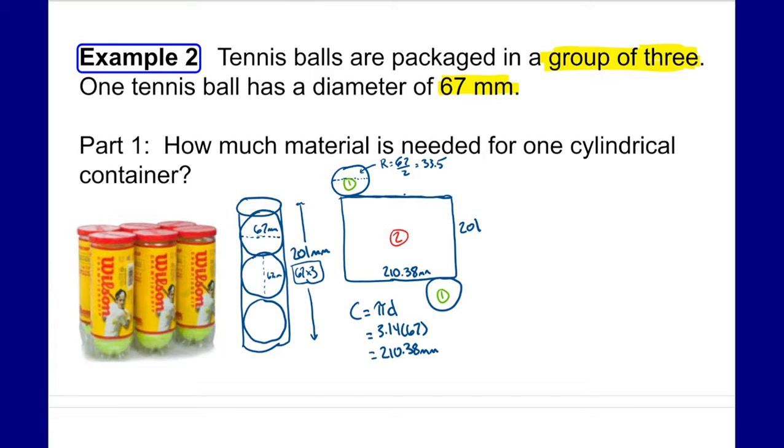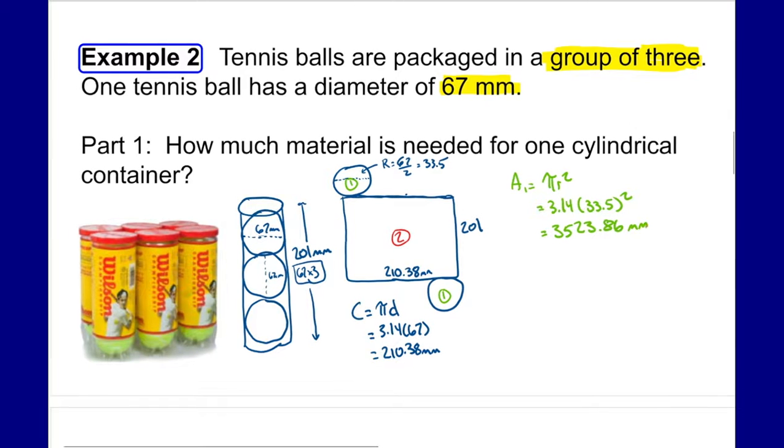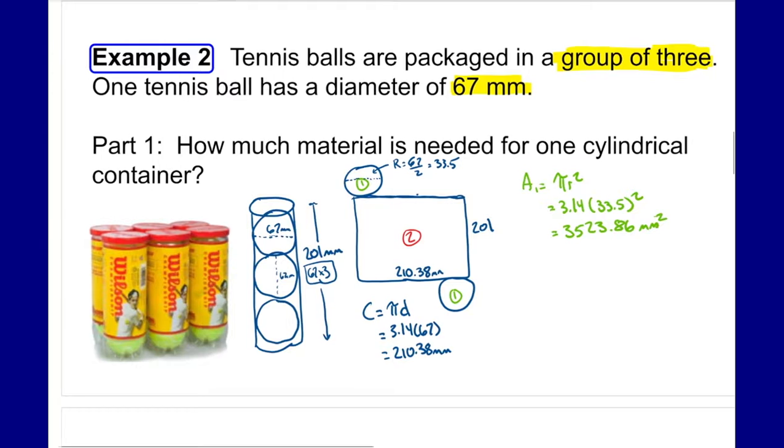Now we have enough information to find the area of each figure. Area of a circle is pi r squared, so we have 3.14 times 33.5 squared, which works out to 3,523.86 millimeters squared.